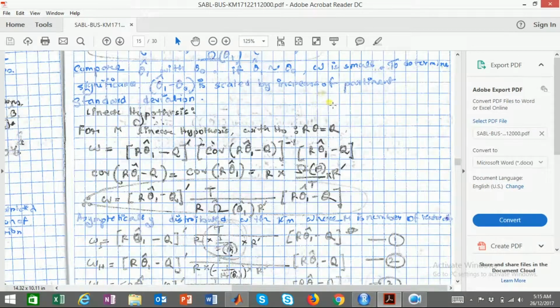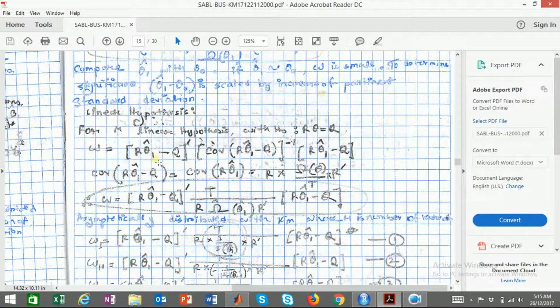Another case is the linear hypothesis. We have talked about the regular Wald test. Let's check with a linear hypothesis, where the null is R theta equals q. Instead of theta equals theta naught, now we are talking about the null R theta equals q.